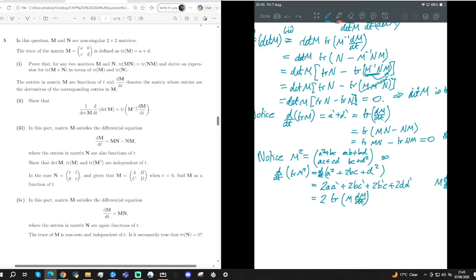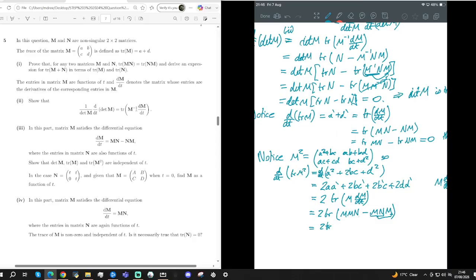I can put dM by dt in. So this is going to be 2 lots of the trace of MMN minus MNM, and I've purposely not put these M's together because I want to do the same trick that I've done a few times, and that's reordering a multiplication inside the trace.